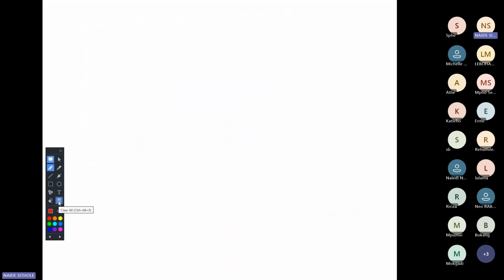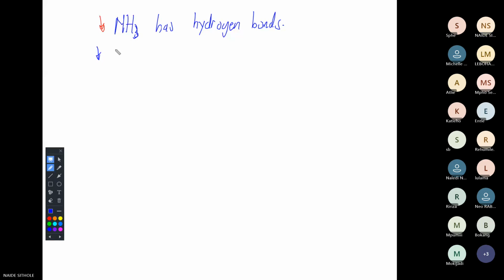ICE this time around. We're going to say NH3 has hydrogen bonds. And then PH3 has dipole-dipole forces.